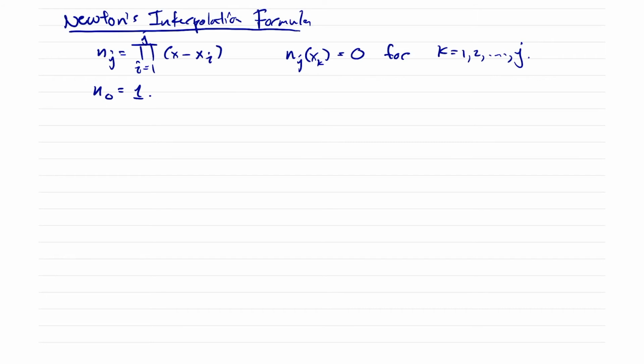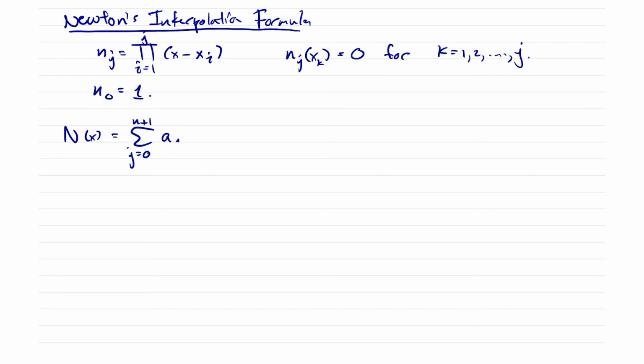All right, now all together, we're going to have N of x is equal to the sum of j going from 0 up to n plus 1.